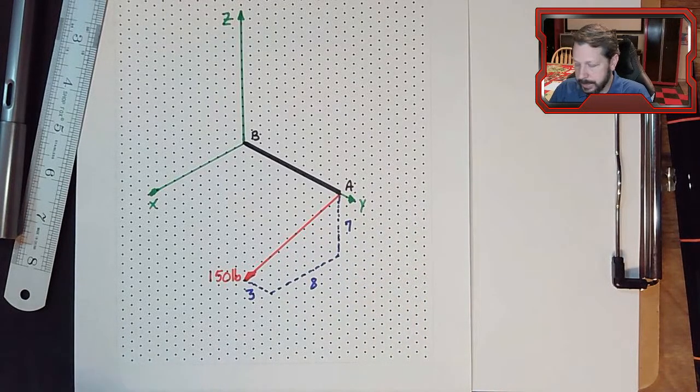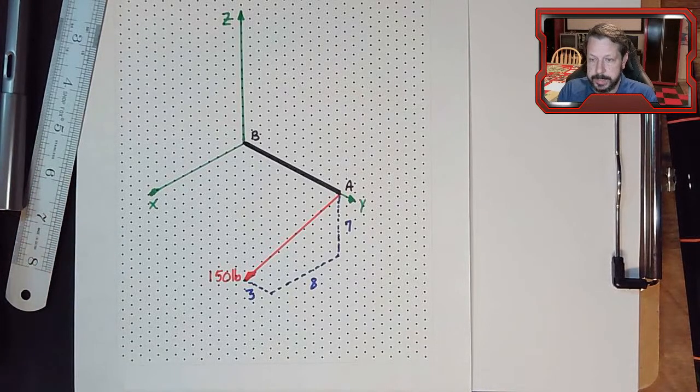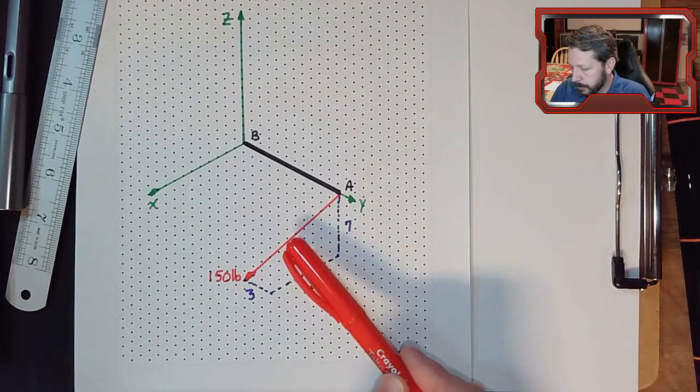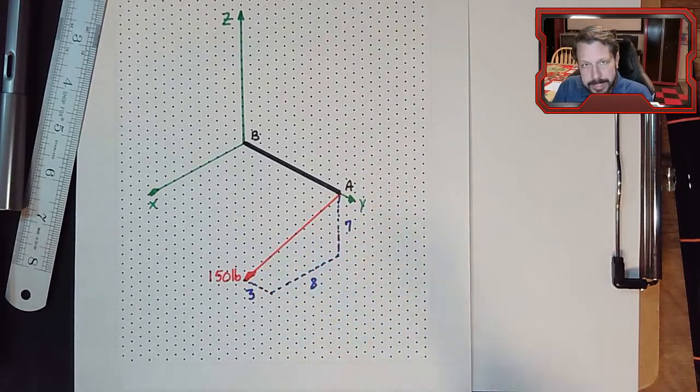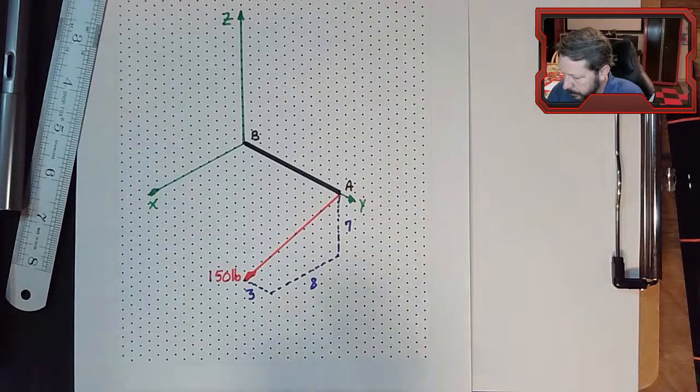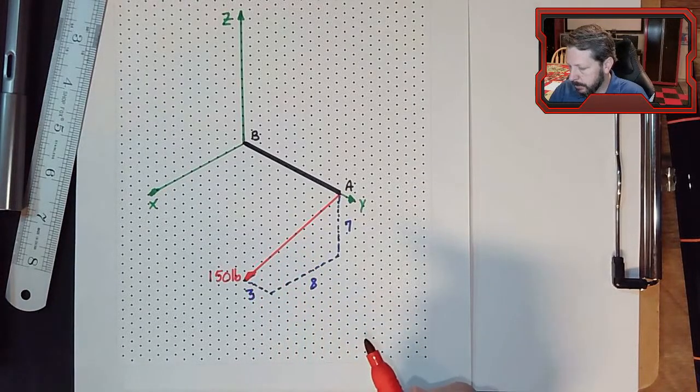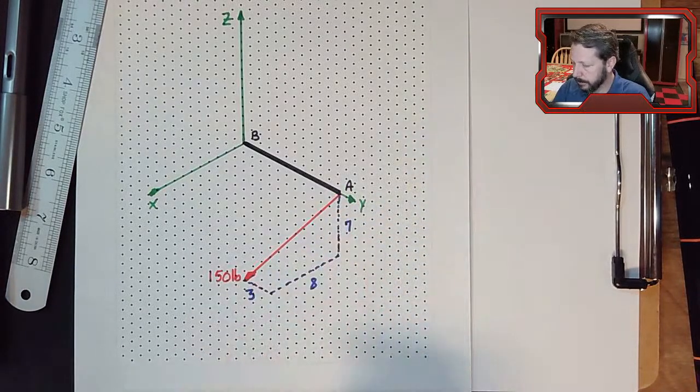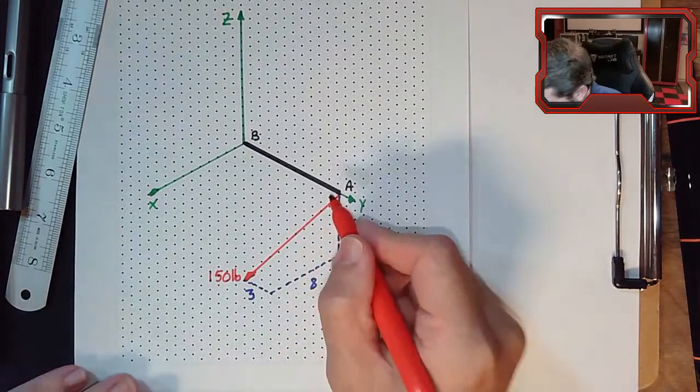So how to deal with these things. If this is what you're given, then what you do is, it's similar to what we did with the 3D concurrent force systems, where we found the cosine of the angle between the force and the different axes. We're going to do that same idea again. So this 150-pound force at this weird angle is going to have three components.